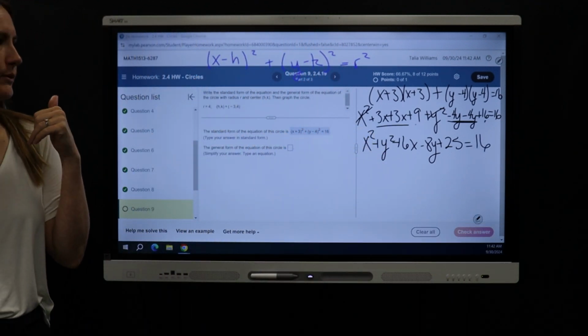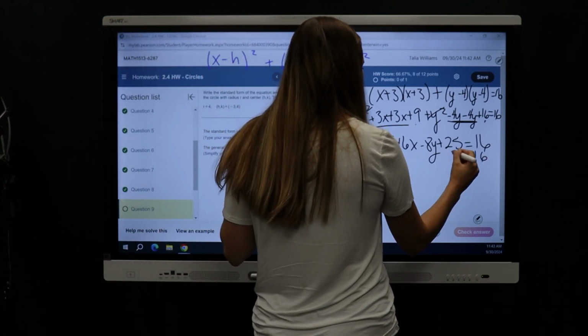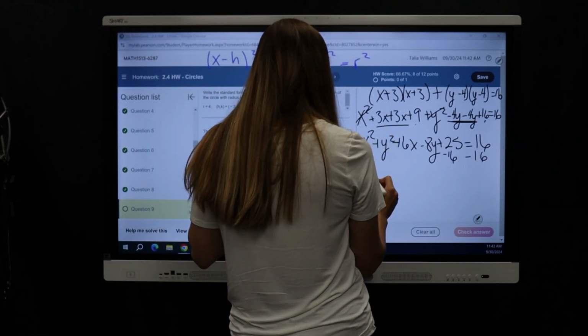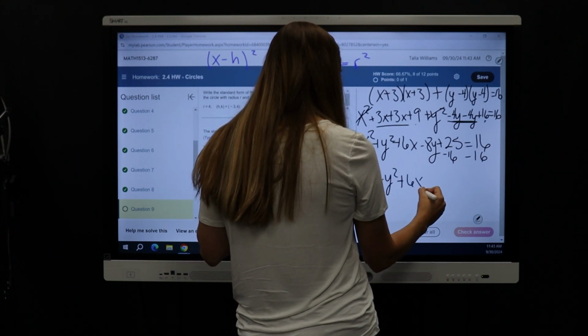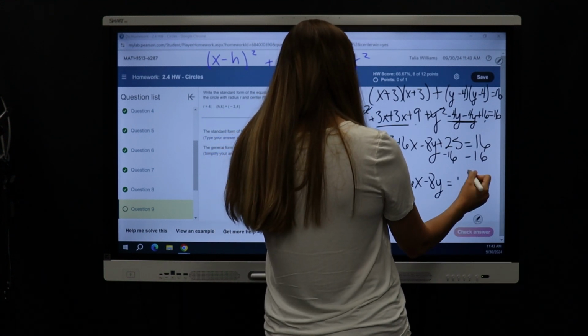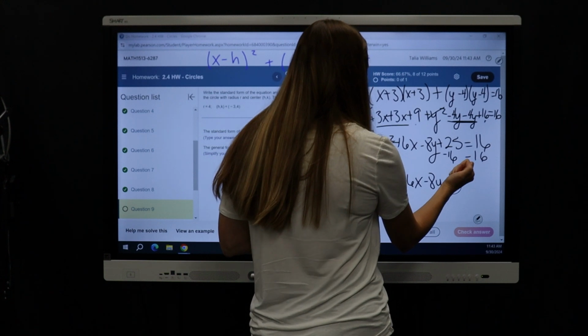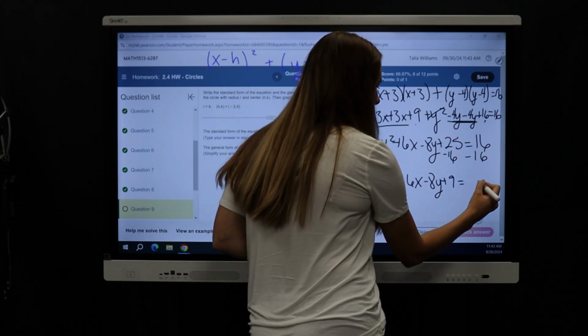General form has to equal 0, so we're going to subtract our 16. So x squared plus y squared plus 6x minus 8y equals, not equals, 25 subtract 16 is 9. Now it equals 0.